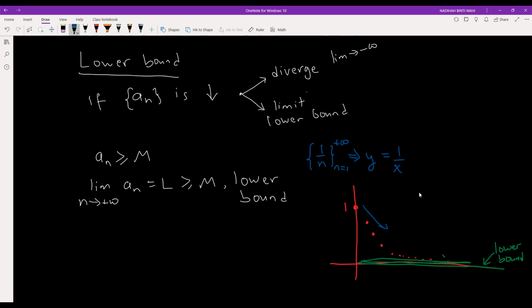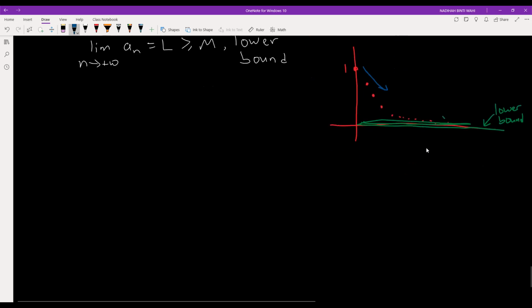If you want to understand this, just use sketching.